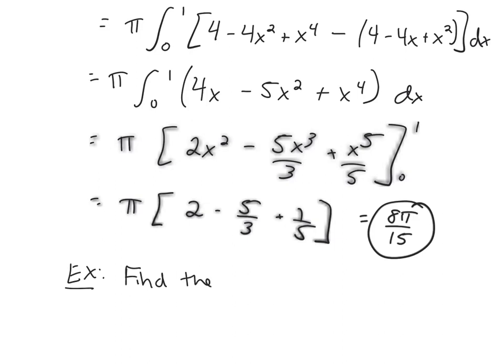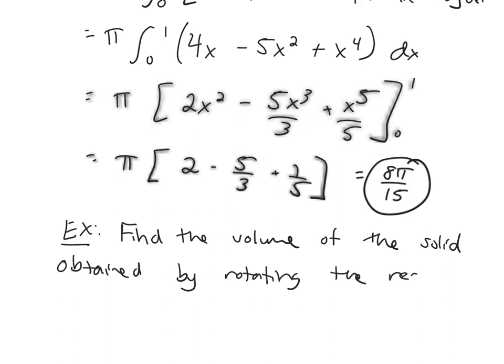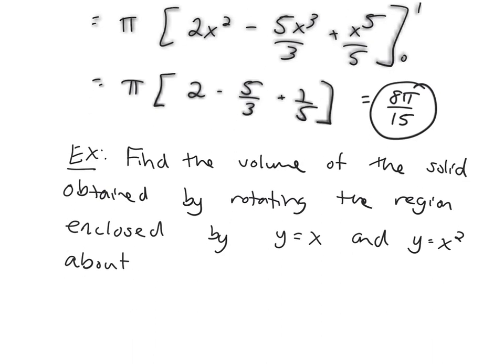Find the volume of the solid obtained by rotating the region enclosed by, we're going to take the same region, y equals x and y equals x squared, and we're going to rotate about the line x equals -1.